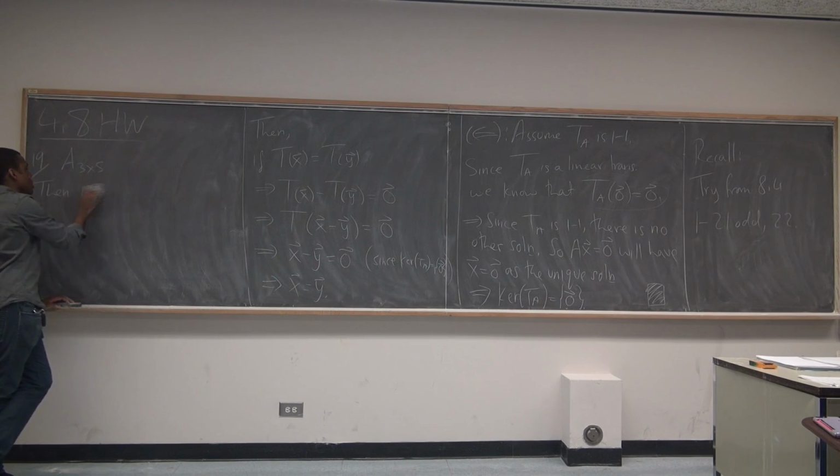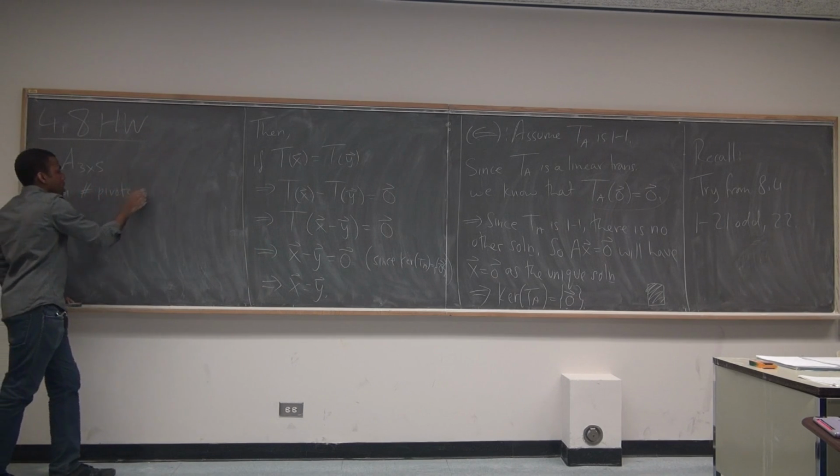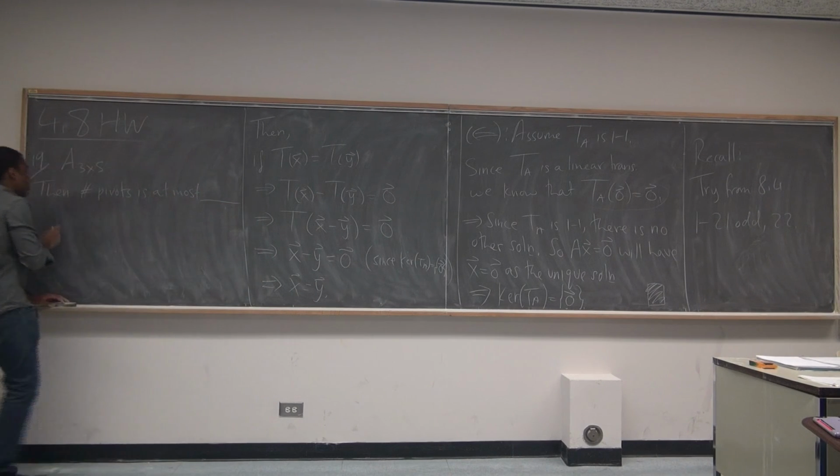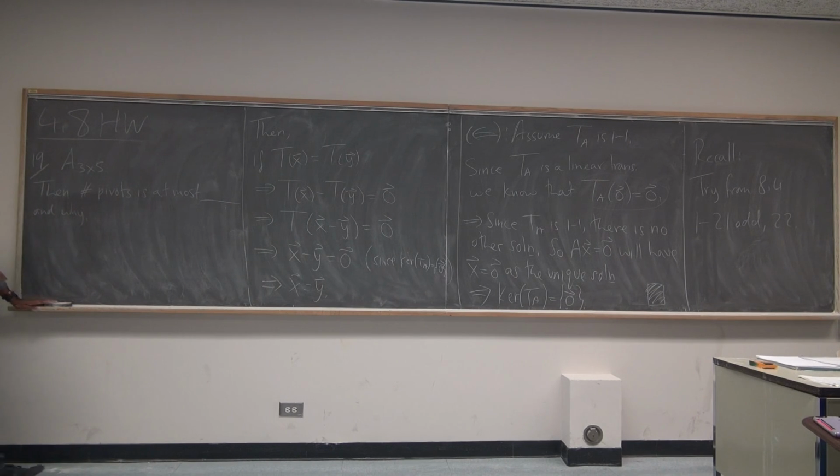Then the number of pivots is at most blank. Did it say anything else? And why? Okay, so what do you think?